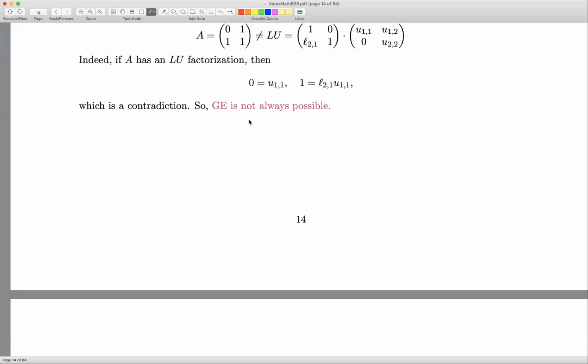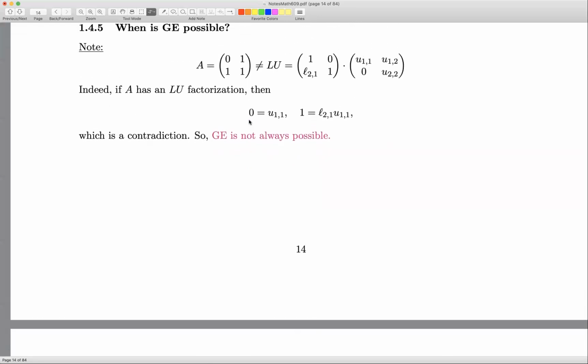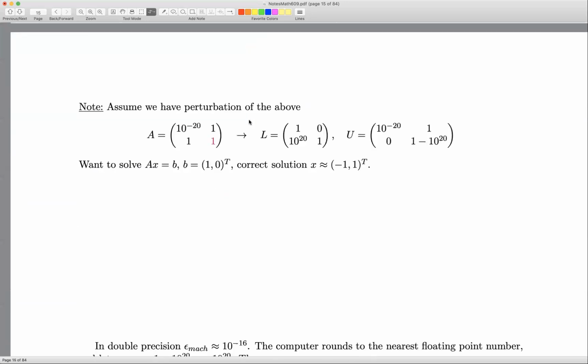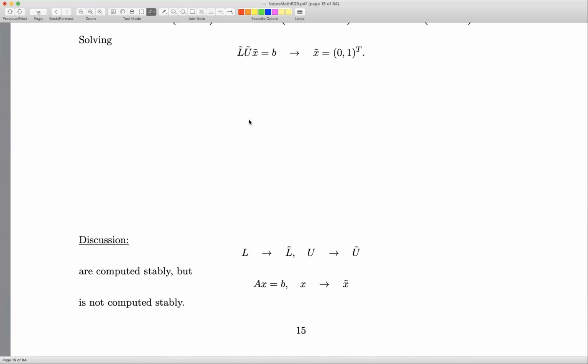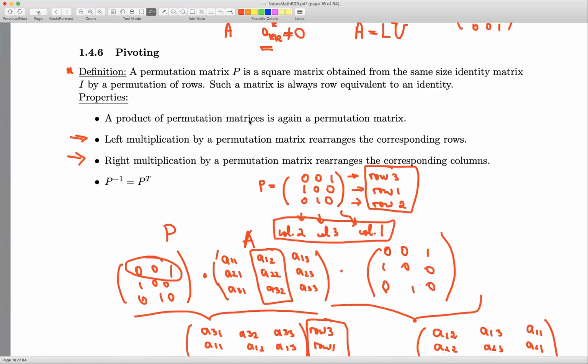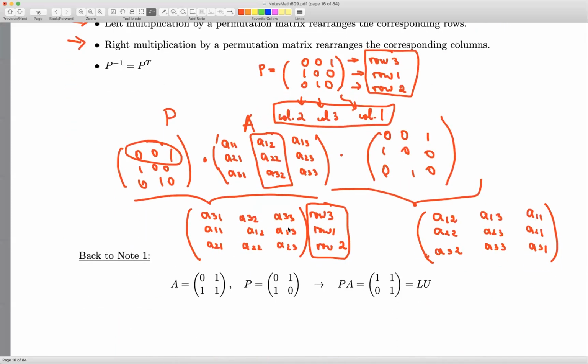However, let's recall that this was the matrix A, the 2 by 2 matrix, 0, 1, 1, 1. If we multiply this matrix by this permutation matrix, what is the permutation matrix? On first position, I put row 2 of the identity, and on the second position row 1 of the identity.